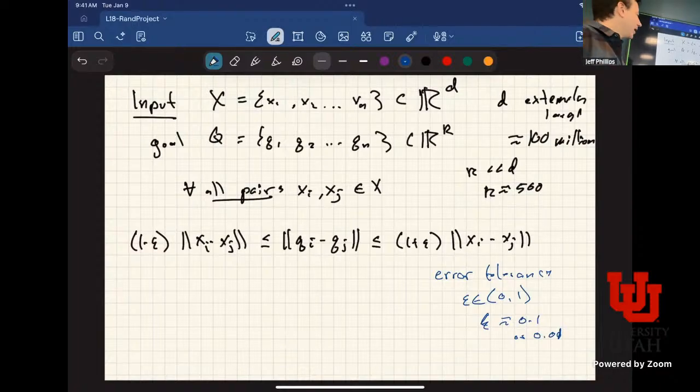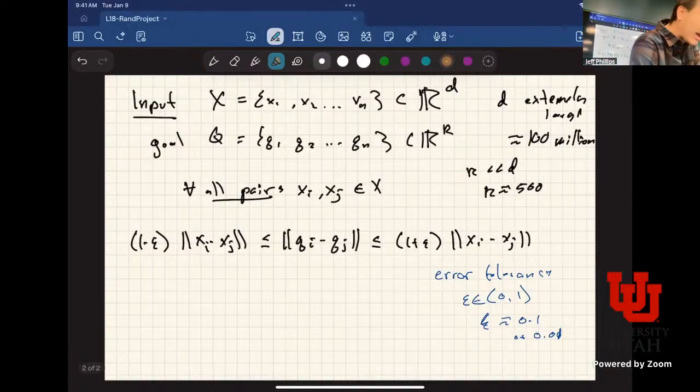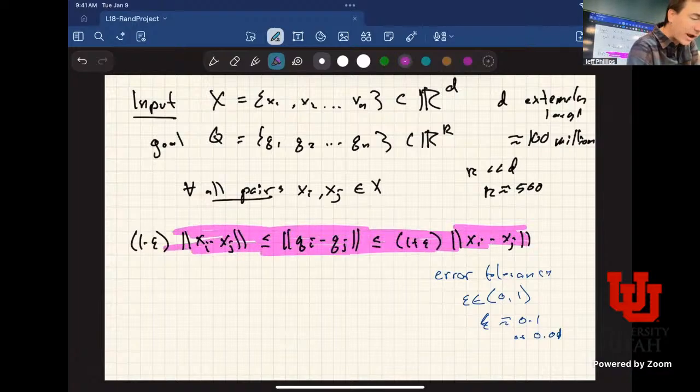And so I don't care about the scale. If I took all the values and I multiplied them by 100, I changed the units, this property will still hold, right? So it's invariant to what the scale is. It's a relative error here. And this is a very strong and nice guarantee that would be nice to have, right? If I want this guarantee, this is the holy grail of dimensionality reduction.